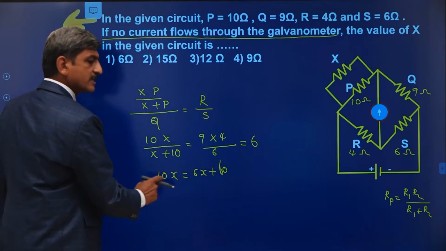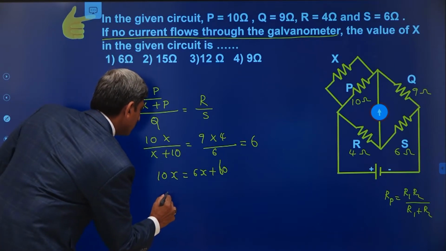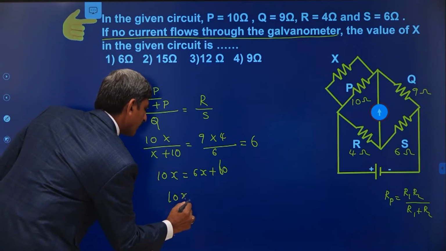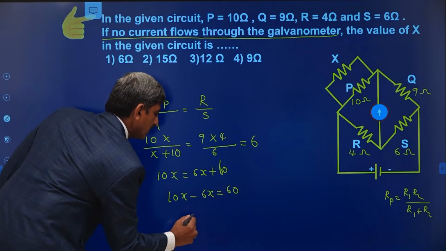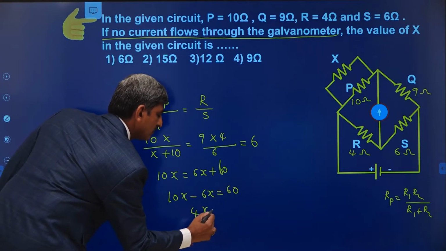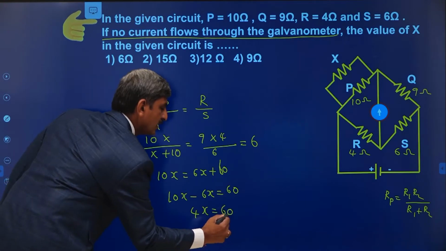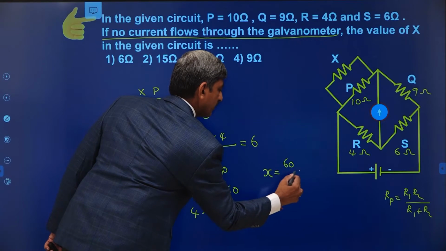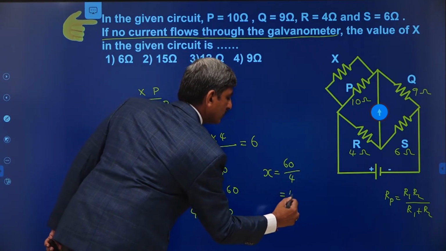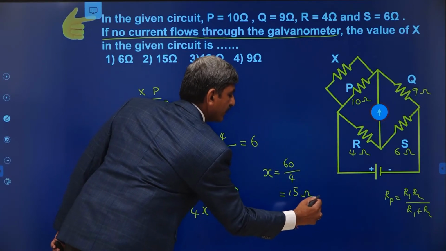By taking the 6x to this side, we have 10x minus 6x is equal to 60. That means 4x is equal to 60. From this we have x is equal to 60 by 4, that is equal to 15 ohms.